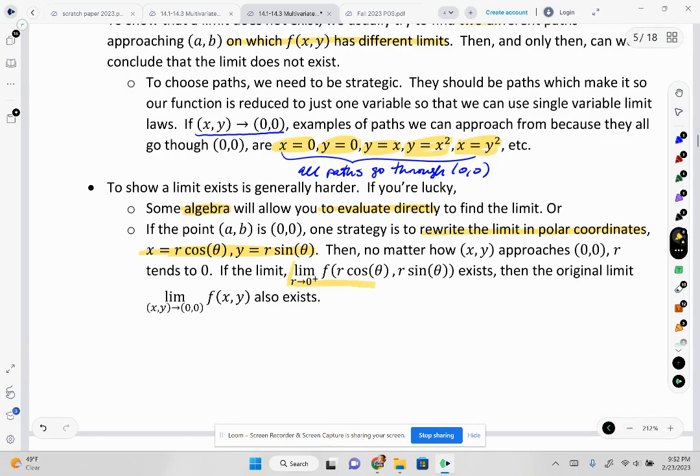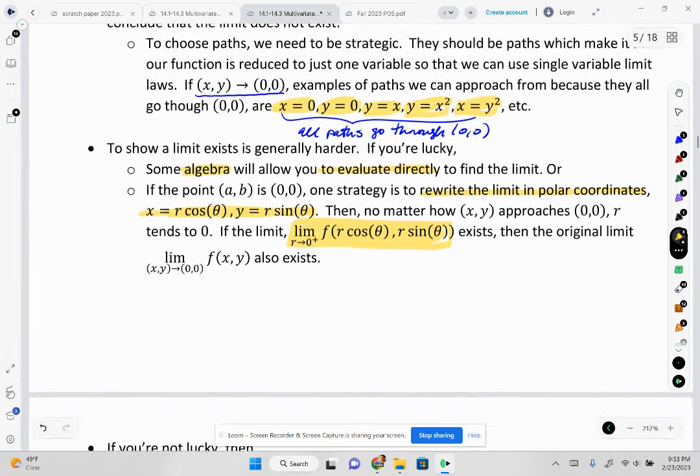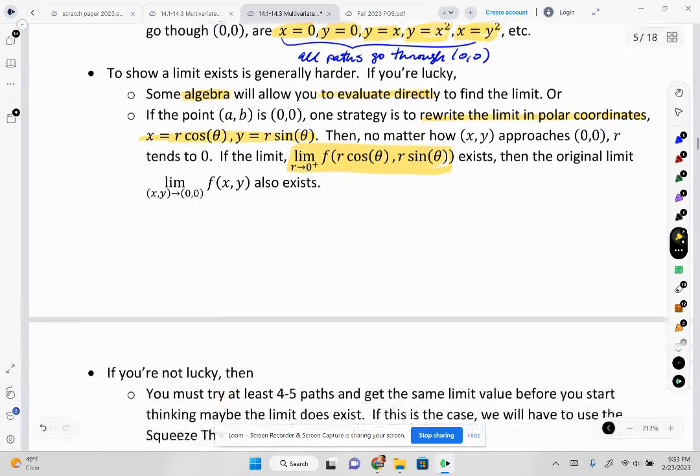So then we can look at a limit as r goes to 0, and this becomes a single variable function. Yes, there are thetas in there, but we're looking at a limit as r goes to 0, and we don't really care about theta, so we don't consider it the variable of the limit. If that limit exists, then the original limit also exists, and they are the same value.